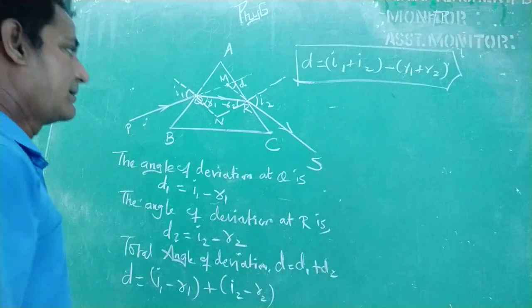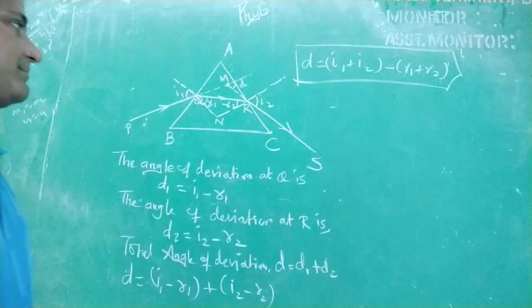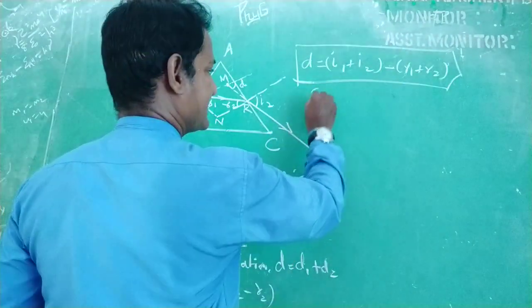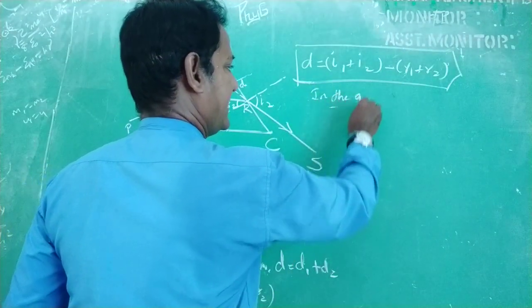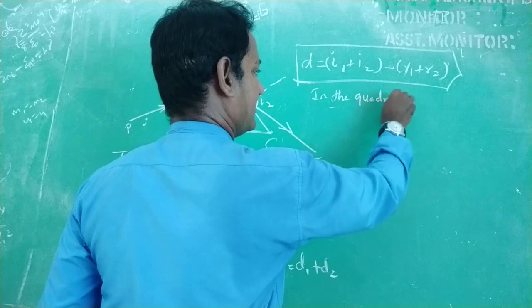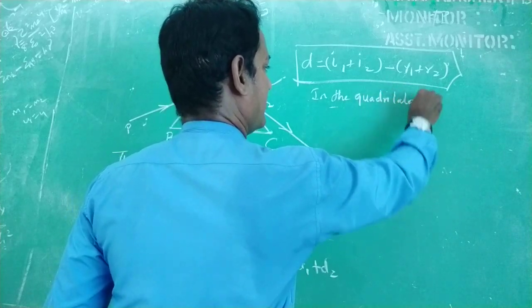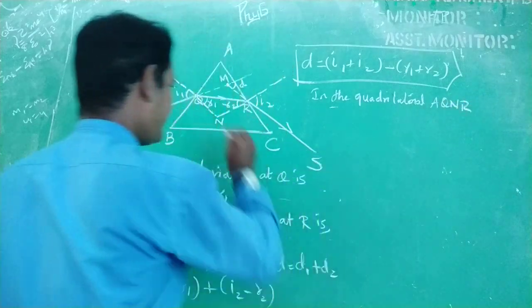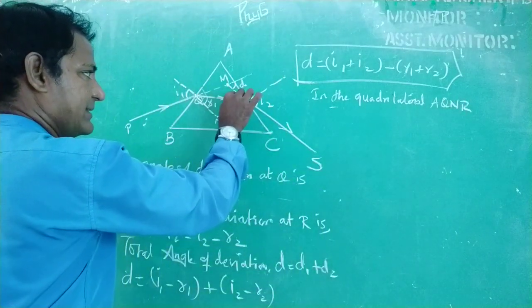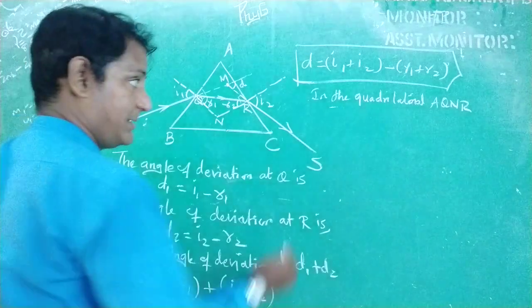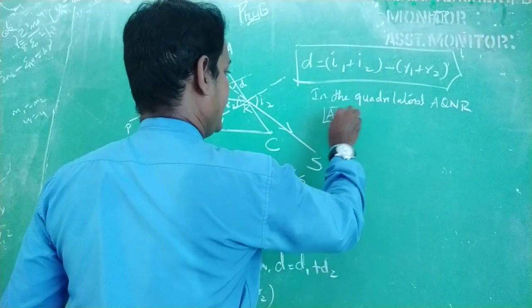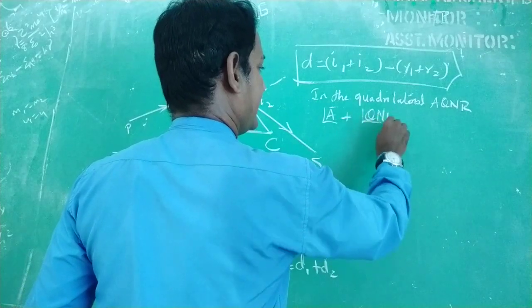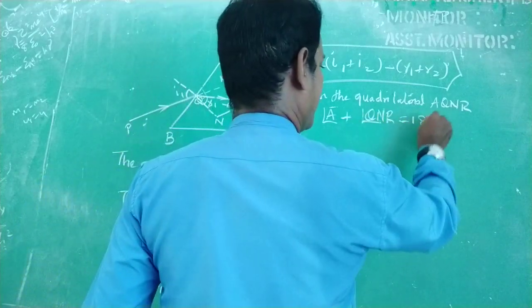Now we got one quadrilateral AQNR, where this angle and this angle are equal to 90 degree. So angle A plus angle QNR is equal to 180 degree.